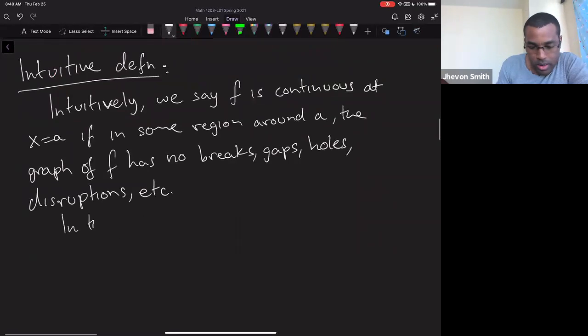So in theory, you could graph f without lifting your pencil off the page.